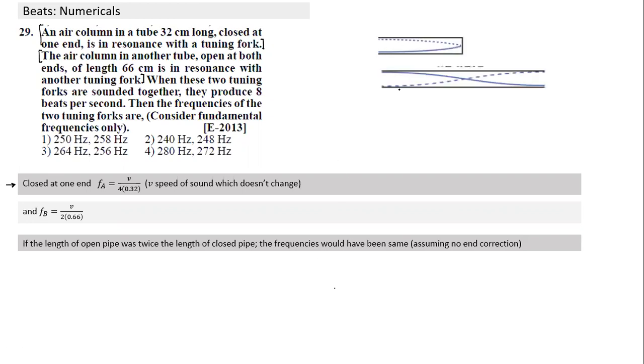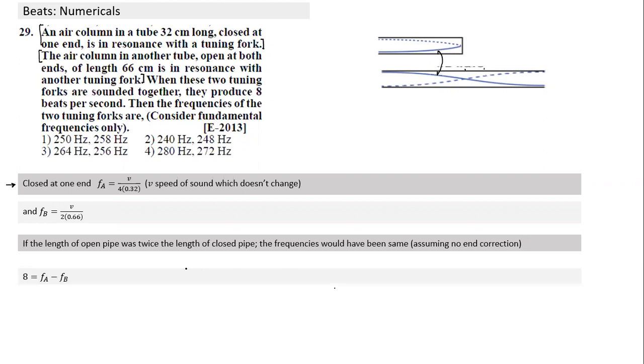The first case was like this. In the second case, this is how the wave forms. In the first case, the closed pipe forms 1/4 of a wavelength. If the length of the open pipe had been double, the same wavelength would have fitted into this one. But this case is not double. Its length is actually a little more than double. So these two wavelengths are not equal, and since the wavelengths are not equal, the frequencies are not equal.